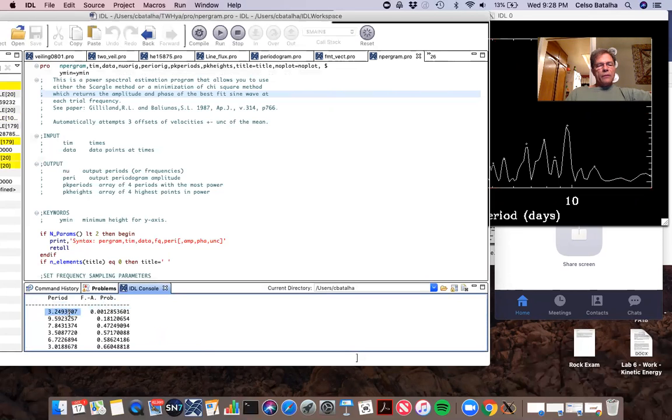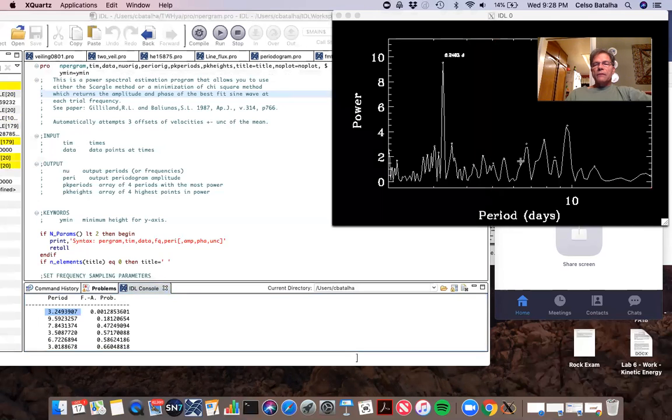So the period that we input was 3.25, and it finds the most probable one with a false alarm probability of 1 in 1,000 to be wrong, I mean. So that's a good one, 3.25.